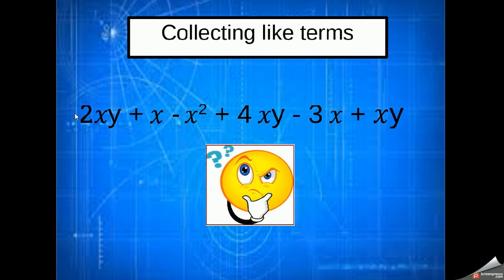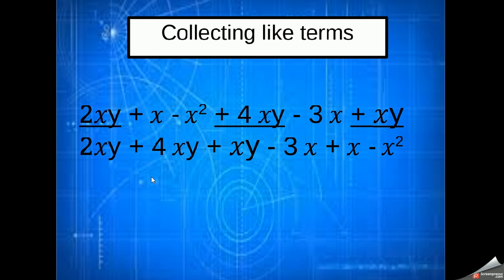And there's always an invisible plus in front of the first one. Okay, so first of all, I look at which terms are the same type of term. Separated by the operators, I can see that there's a 2xy here, there's a 4xy here, and there's an xy by here. And what I can do is bring those with their operator, with their plus or minus, over next to my first xy.